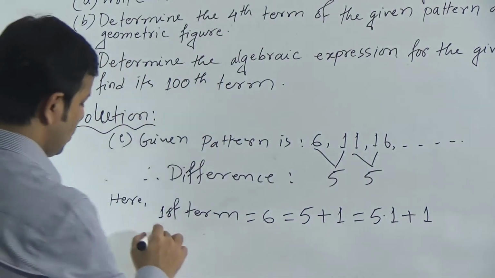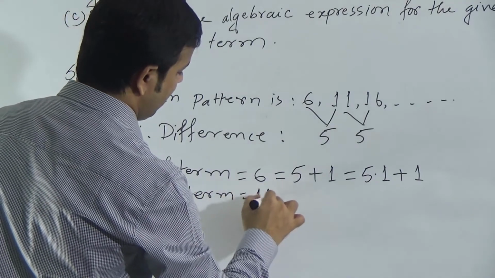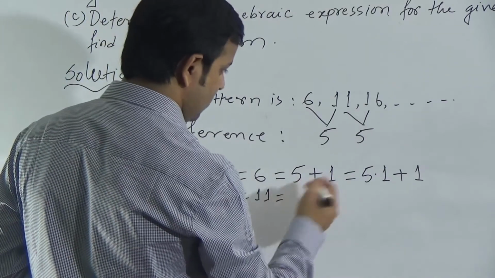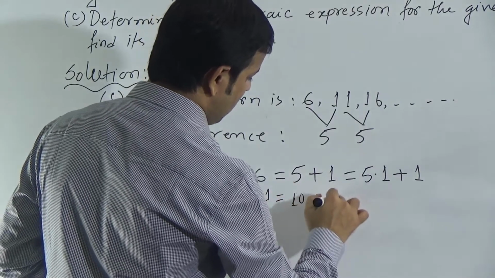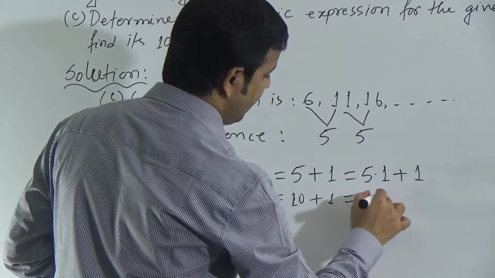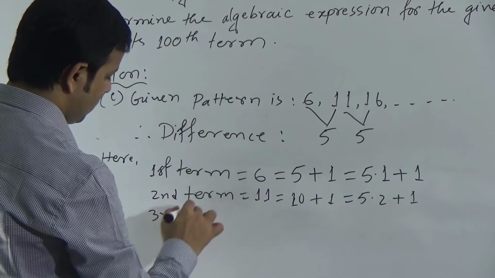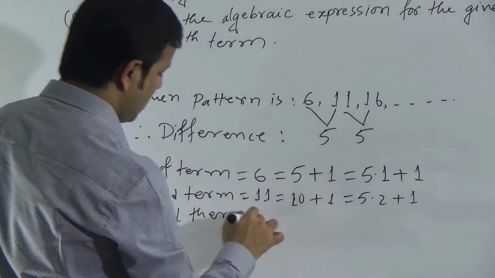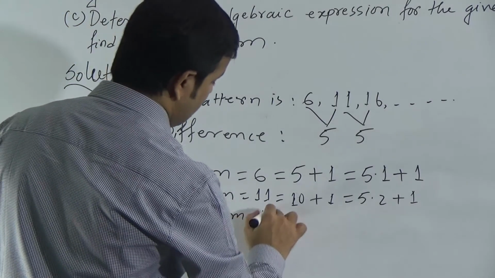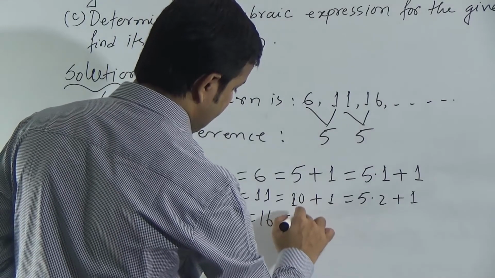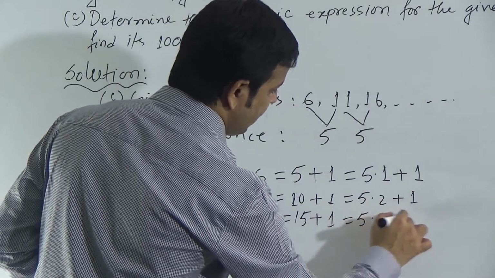Here also. Second term, 11. We can write this as 10 plus 1. It means 5 into 2 plus 1. Third term, that is 16. 16 we can write as 15 plus 1. 15 means 5 into 3 plus 1.